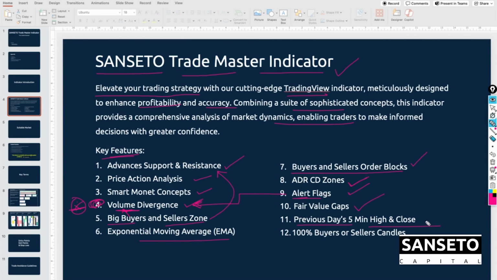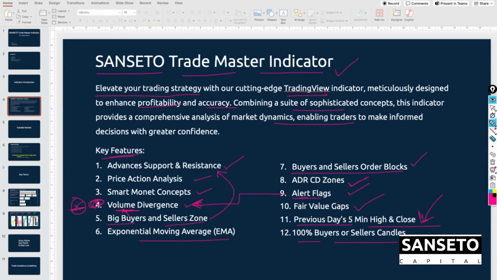And the previous day's last 5 minutes high and close, which is mainly for the Indian market. The previous day's last 5 minutes high and close will act as a major support and resistance level, and this is very important. We can show you that as well. And 100% buyers and sellers candles: if one particular candle has 100% buyers, the market is likely to go up, or if the candle has 100% sellers, the market is likely to go down.